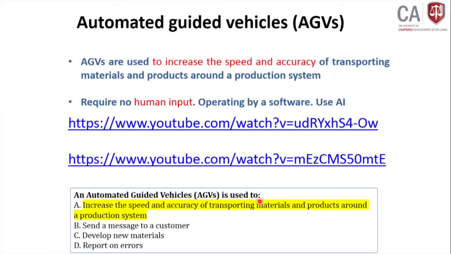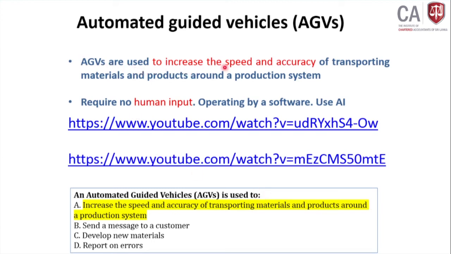So if we can automate that vehicle, that does not need a driver, that will take the goods and transport it to some other location in the factory. So that can unload and load the goods into the lorry or somewhere. So those are called the automated guided vehicle.